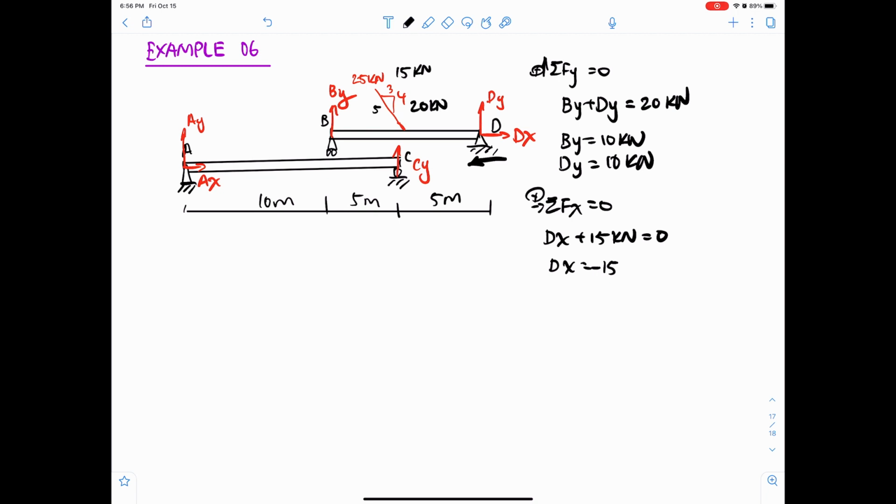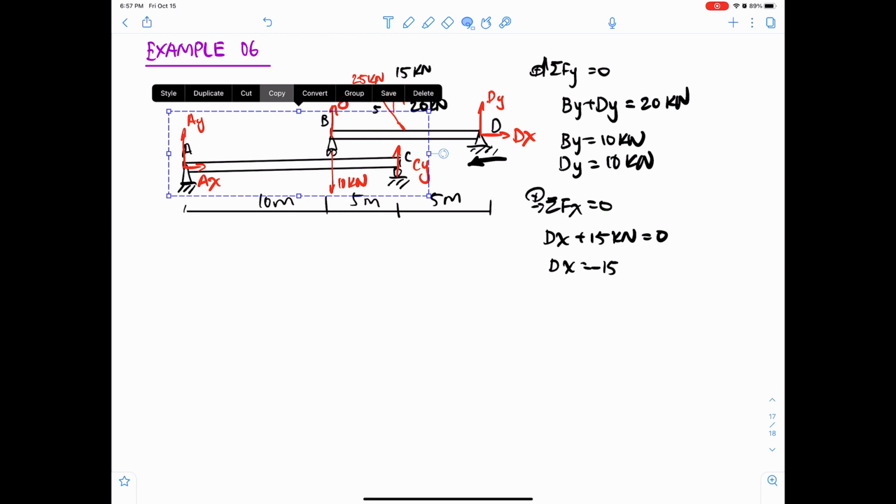So intuitively speaking, you would also have 10 kilonewtons applied right at this point. It might be a bit hard to see, but bear with me. This is just the 10 kilonewtons from the By, being transferred to this beam on the bottom.